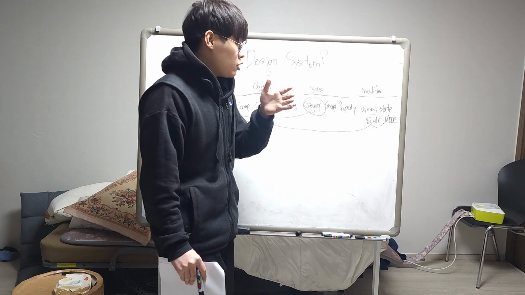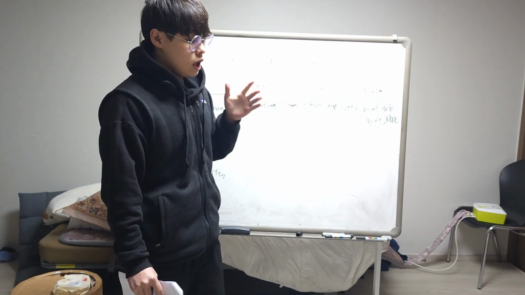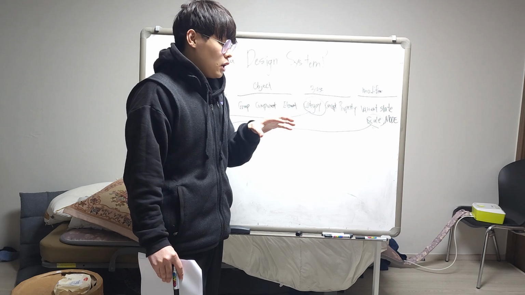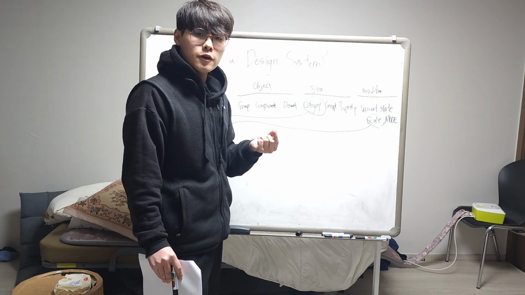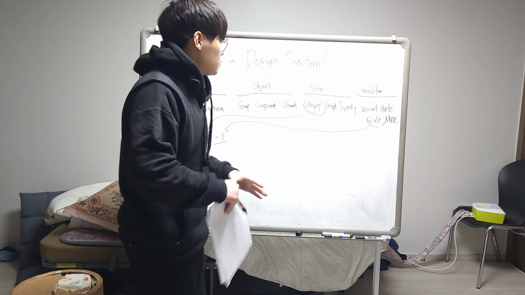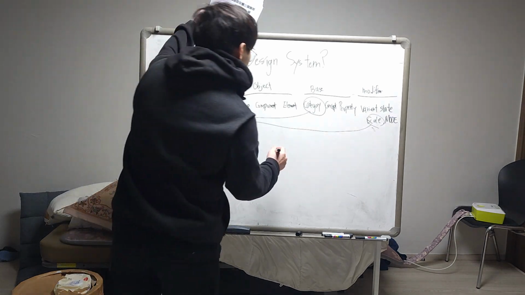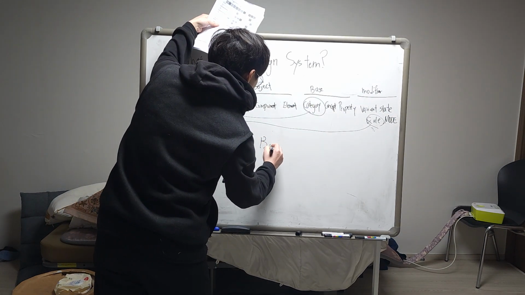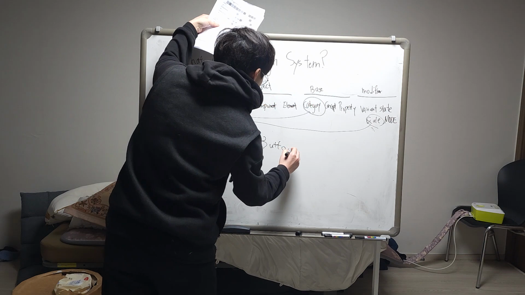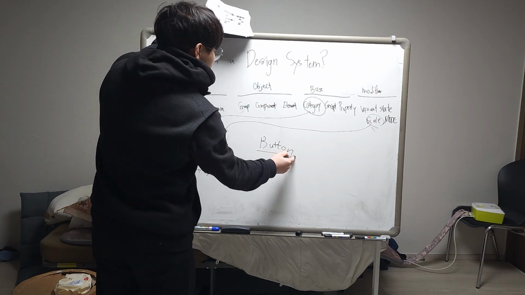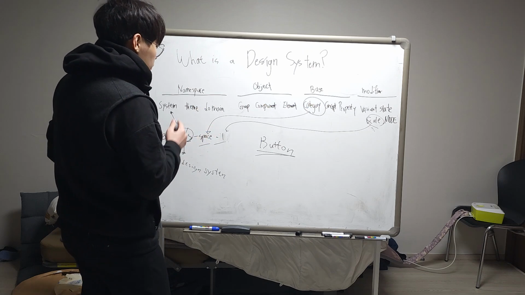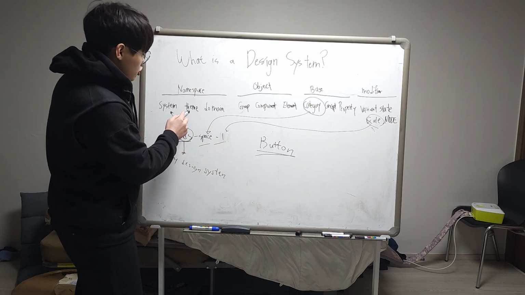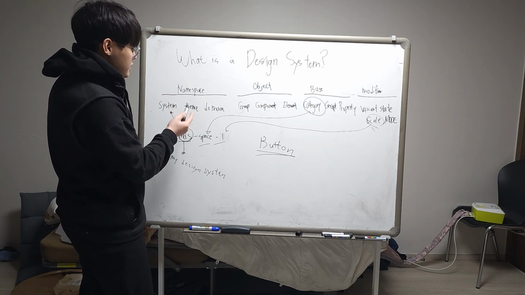So you really have to understand the small pieces of the components that you want to design. For example, you have a fancy button. Your button is associated with some kind of tokens, right? So the first thing is going to be your name or system or domain.